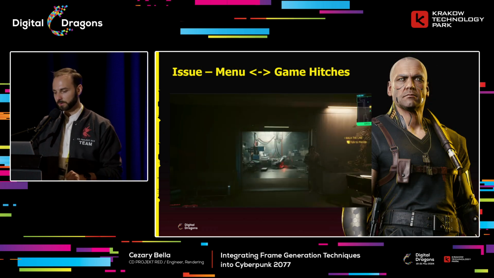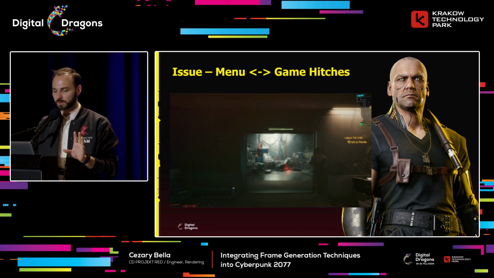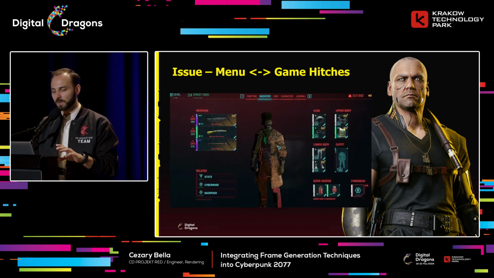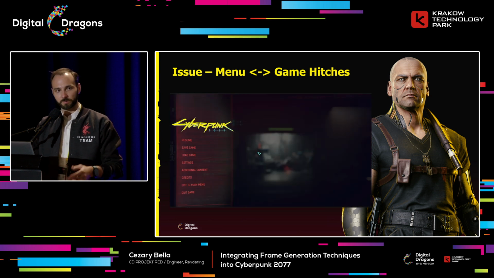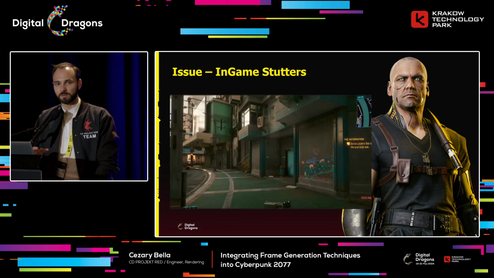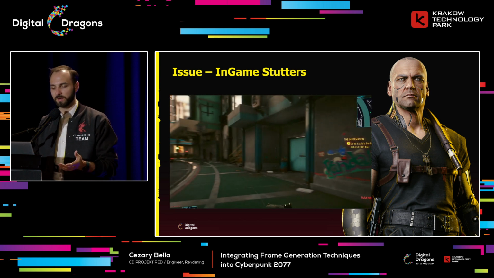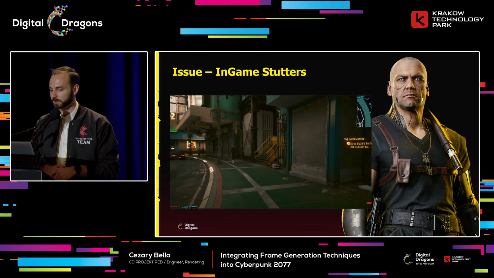The next issue that we had was all sorts of hitches. Either going in and out of the menu back to the game, where you can see that it stutters from time to time, or during gameplay, where we can experience some of those hitches as well.